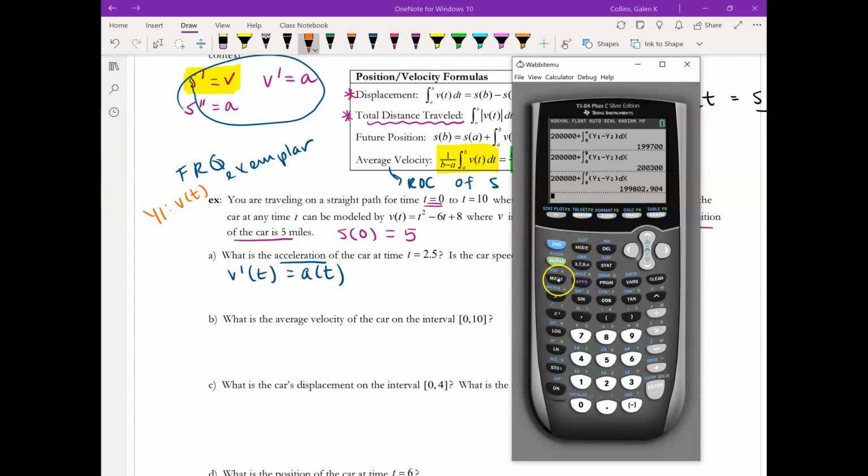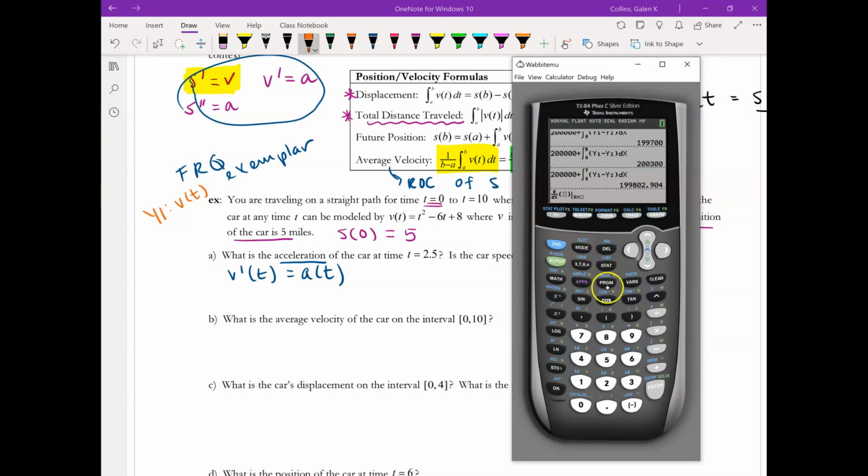So I'm going to go to math, and math 8 is nDeriv, meaning the derivative at a value of n, not actually the nth derivative. On the new operating system, it looks like how we express a derivative, d dx.